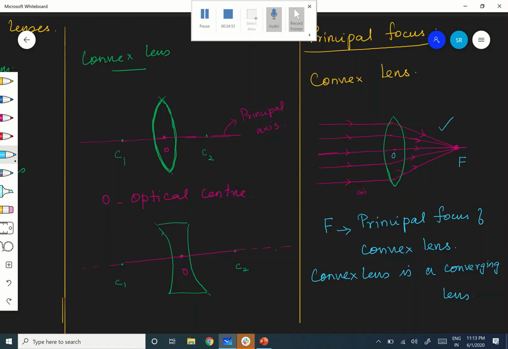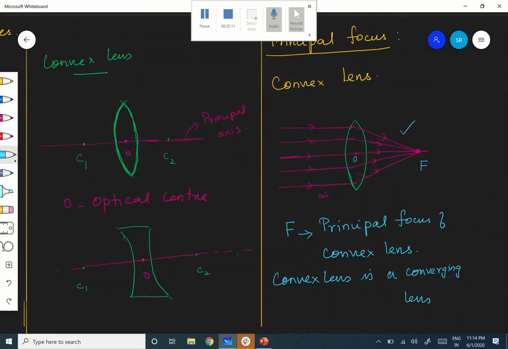Is it clear? Therefore, what is the principal focus of a convex lens? It is the rays parallel to the principal axis, which after refraction by a convex lens will converge at a point lying on the principal axis, and that point is called the principal focus of a convex lens. Therefore, a convex lens is a converging lens.